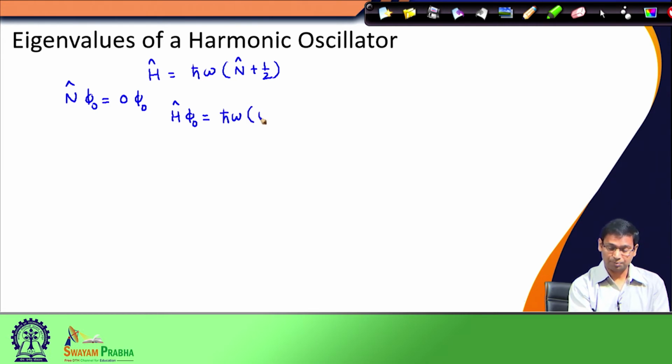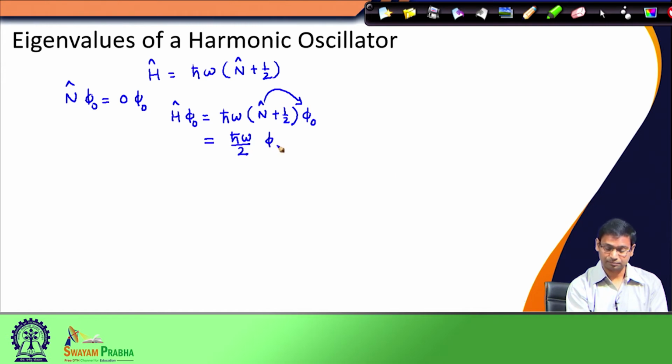When n acts on phi 0, I get 0, and then if you do this little exercise, you would get the result.